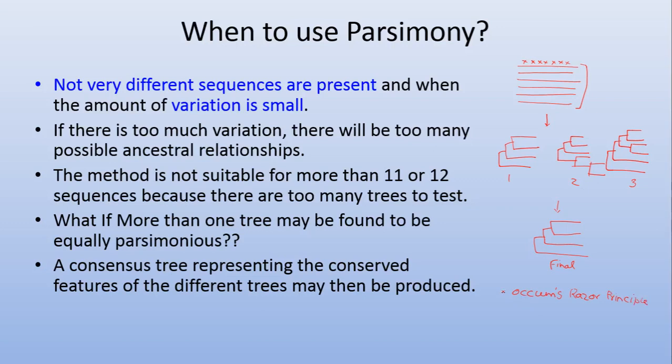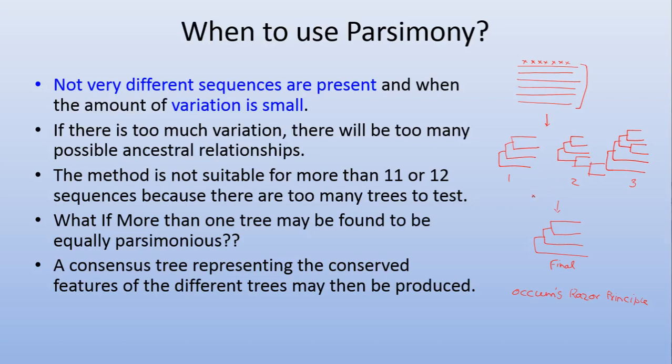Okay, and as per this Occam's razor principle, it is assumed that whatever multiple sequence alignment or tree reconstruction you generate is a product of the minimal amount of mutations or minimal amount of variations that need to be considered for tree reconstruction. Okay, so that is the major principle behind using maximum parsimony.